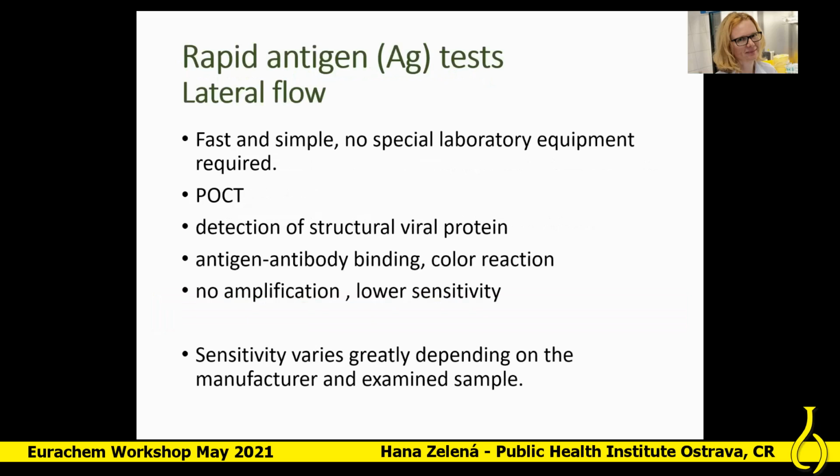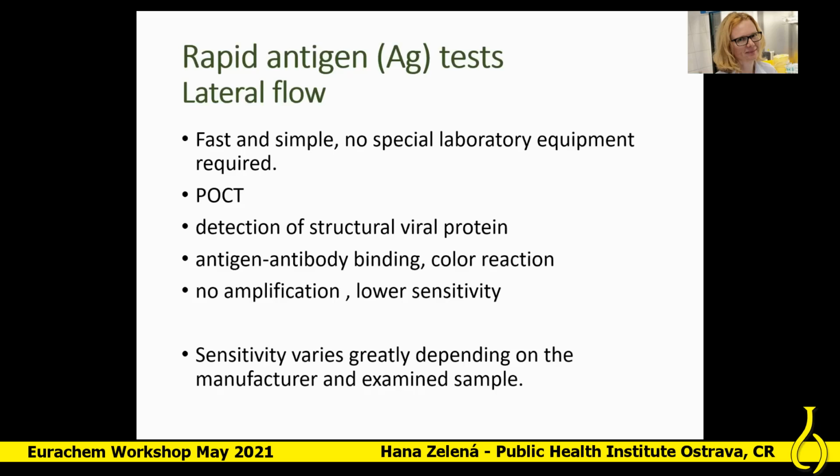Then the second method, which is commonly used for the detection or for the infection control, are antigen tests. They are very fast and simple, so it is very easy to perform them, even by people who are not used to working in a laboratory. These antigen tests detect structural viral proteins.